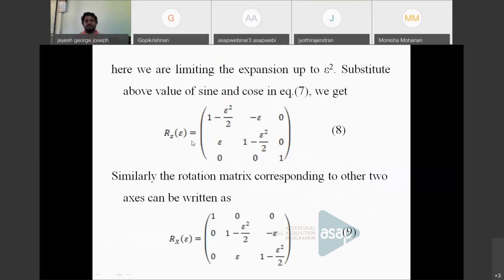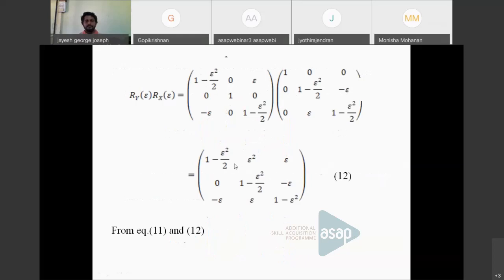Here we substitute epsilon equal to epsilon square. So it will become 1 minus epsilon raised to 4, and here epsilon square, here also epsilon square, and here epsilon raised to 4. But we are limiting up to epsilon square, therefore these terms are neglected.